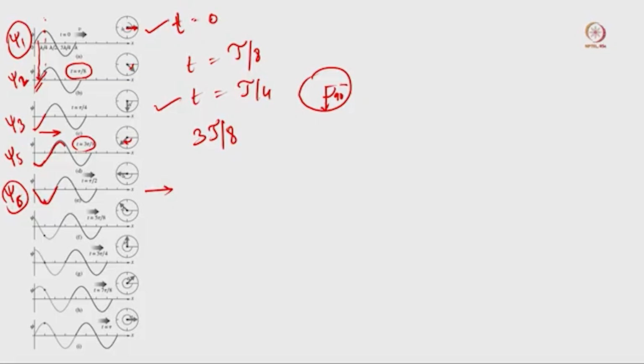Now, if you consider wave 1, which is the 0 position, and then wave 6, you can see there is a complete lambda by 2 difference. We already showed that lambda by 2 means the total phase difference will be pi.